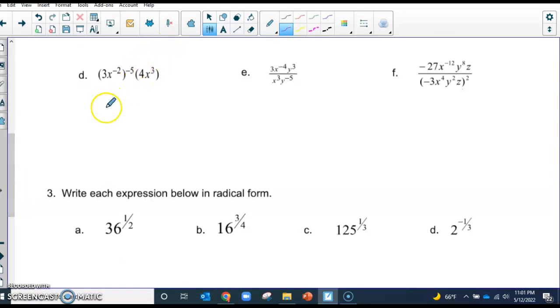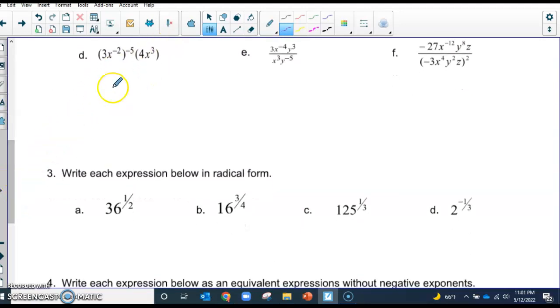Down here for D, I need to start by distributing my -5. So remember, when you have a negative exponent, it means it's going to be on the bottom. This is being distributed to both. So this would look like 3 to the 5th over -2 times -5 is going to be +10 because 2 negatives become a positive.